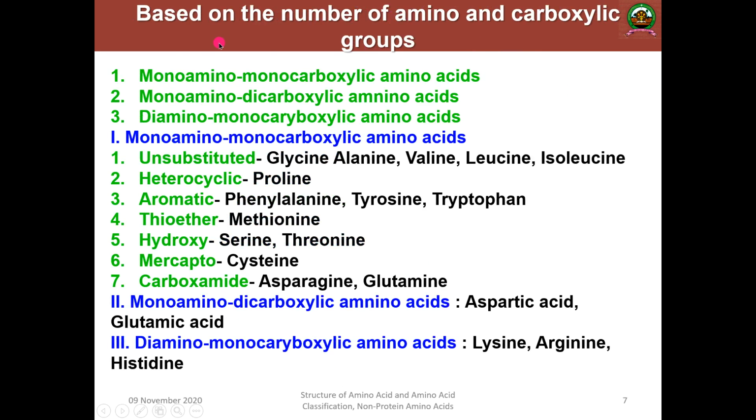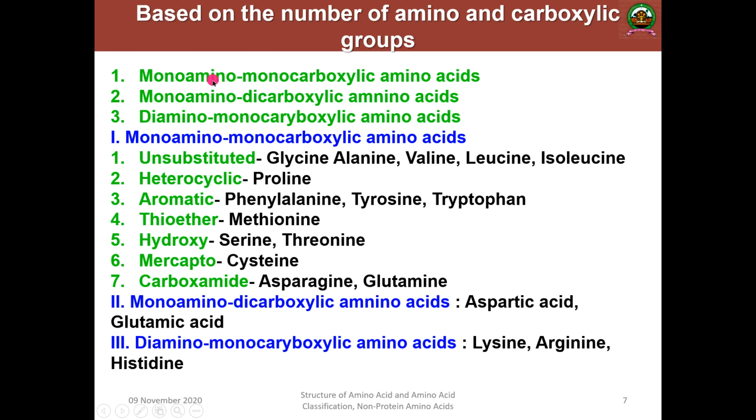The next one is the classification based on the number of amino and carboxylic acid groups. Based on this, amino acids are classified into three groups: monoamino monocarboxylic amino acid, monoamino dicarboxylic amino acid, and diamino monocarboxylic amino acid.